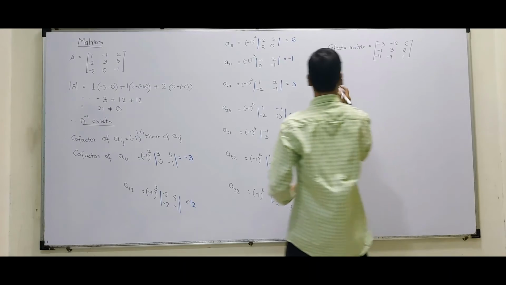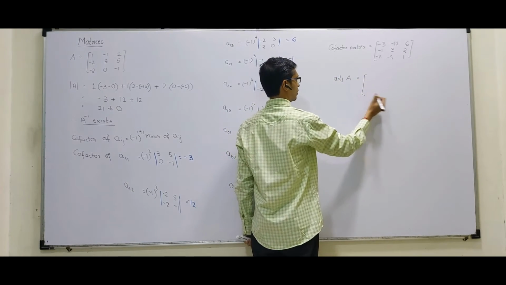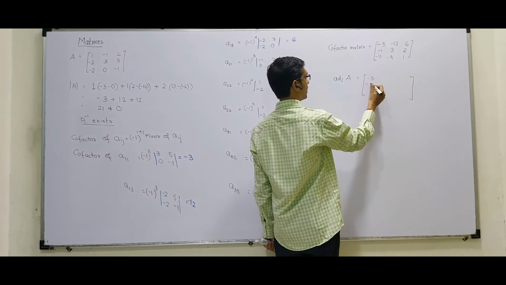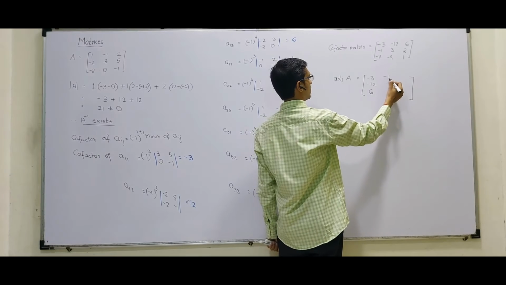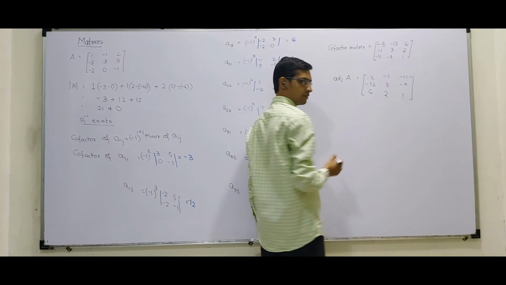Now we'll find adjoint. Adjoint क्या है? कोफैक्टर का ट्रांसपोज. तो सिर्फ ट्रांसपोज लिखना है इसका. क्या आएगा? -3, -12, 6, -1, 3, 2, -11, -9, 1.